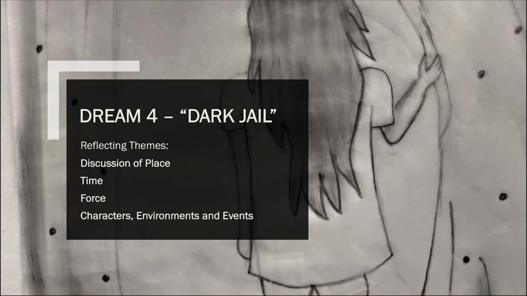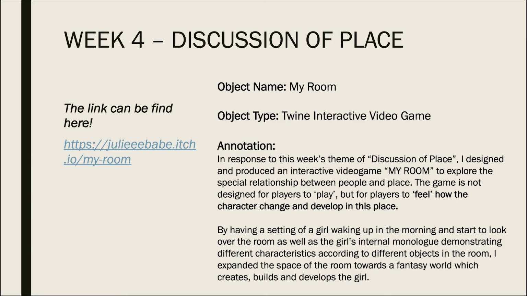The fourth dream is a dream about a dark jail. This dream is set in the scenario of a dark jail, as a consolidating work of past exercises for the themes of time, force, place, and characters' events, following on from my past weekly exercises.